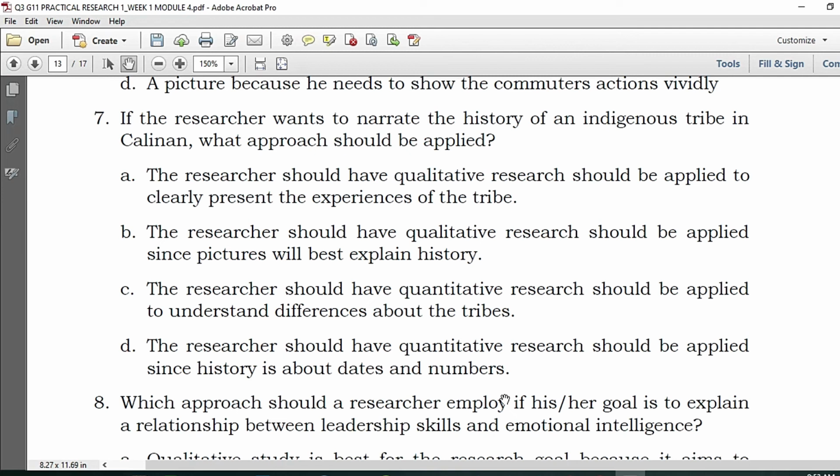C. The researcher should have quantitative research should be applied to understand the difference among tribes. D. The researcher should have quantitative research should be applied since history is about dates and numbers. Okay, what's your answer? Okay, the correct answer is letter A.